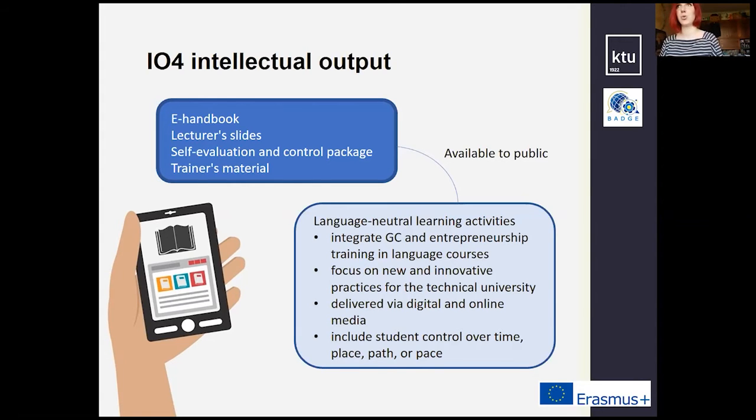If you want to develop certain competences related, I don't know, to professional development or to public speaking, market research, etc., you could just take bits and pieces that are relevant to you and then implement them in your course, and teachers will be guided through how to do this in the teacher's book.